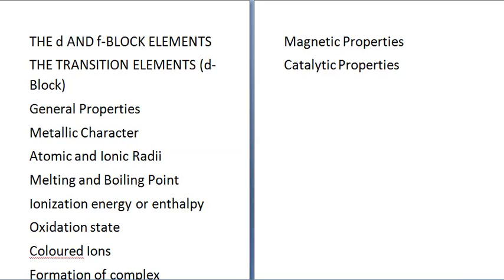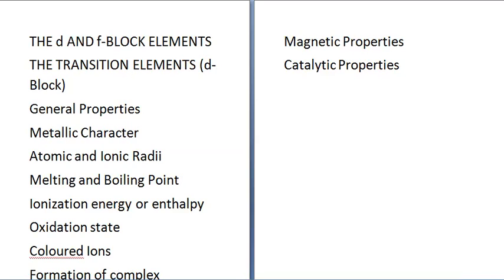In the periodic table, there are 4 transition series of elements. The first series is the 3d series consisting of 10 elements of the 4th period corresponding to 3d orbitals. The second series is the 4d series consisting of 10 elements of the 5th period corresponding to 4d orbitals.